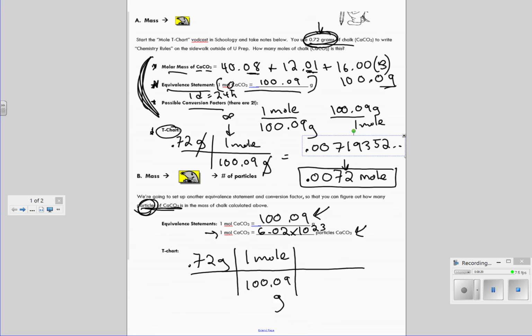Hopefully you should see that 1 mole is going to go on the bottom so that we can put 6.02 times 10 to the 23rd particles up on the top. If it makes your nerd heart happy, feel free to cross out units. I like that part. Crossing out units that show up more than once. Plug it into your calculator. So we have 0.72 times 6.02 times 10 to the 23rd. Divide that answer by 100.09.